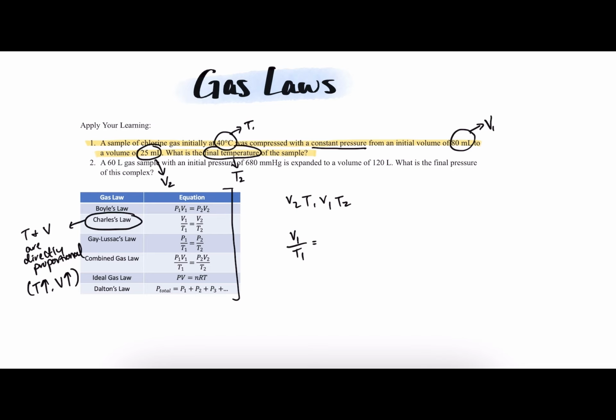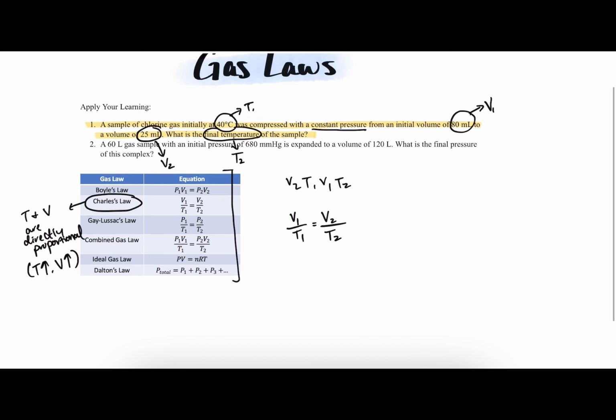And notice that we have already labeled which value goes with which variable, so we can fill in the blanks as we go. We already know that V1 is 80 milliliters. T1 is 40 degrees Celsius. V2 is 25 milliliters, and T2 is our unknown, so we can just call it T2.